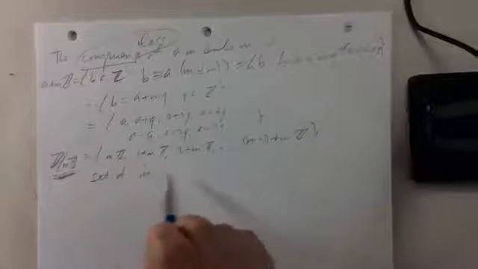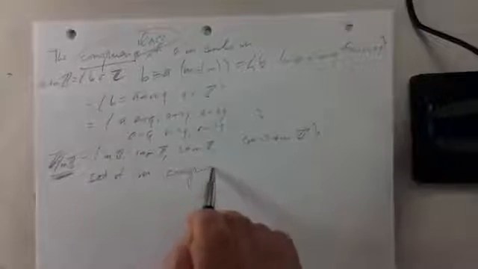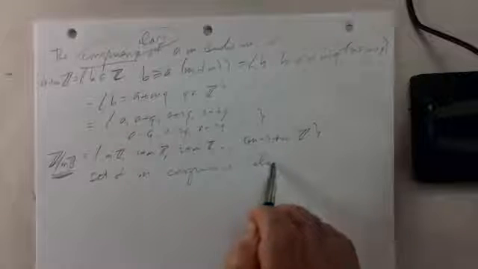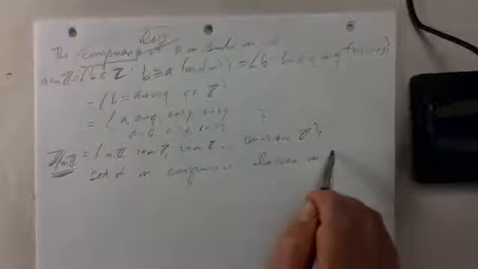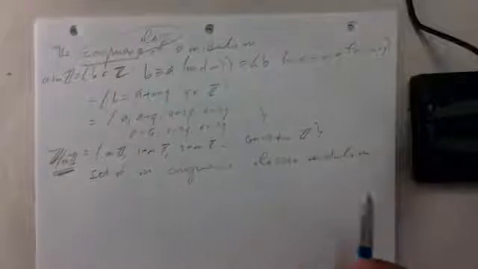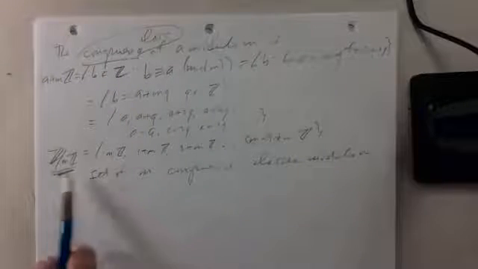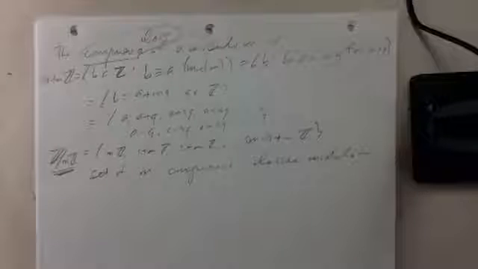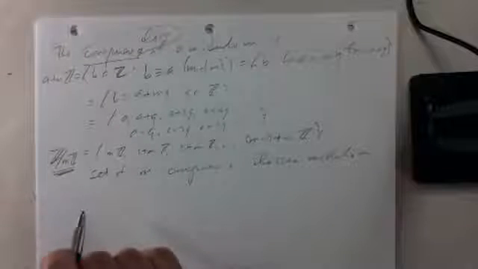This is the set of m congruence classes modulo m. So this is extremely important. That's going to be our basic example for many other concepts in algebra. mZ, or the congruence class of 0, is just the multiples of m.